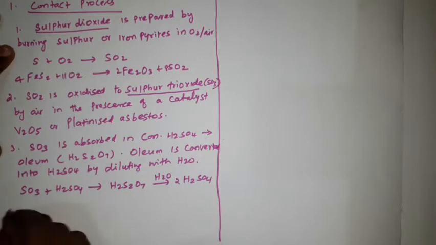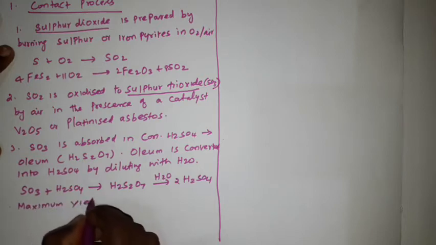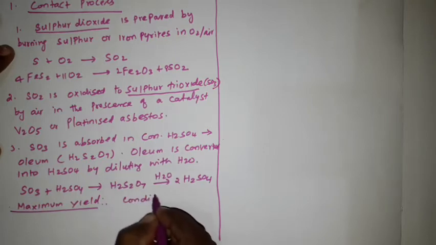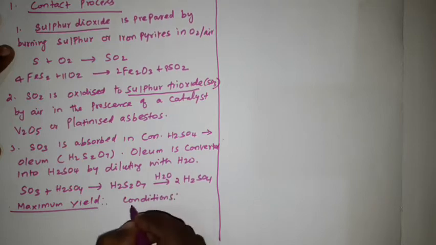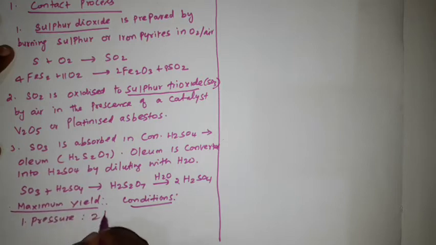To get maximum yield, we can get it when the conditions are met. So the conditions are, the pressure is 2 bar and the temperature is 720 Kelvin.